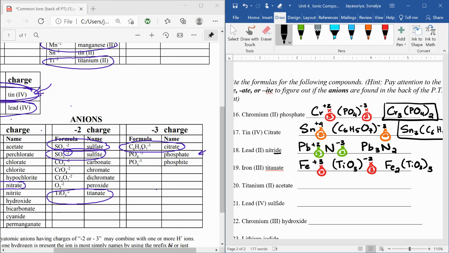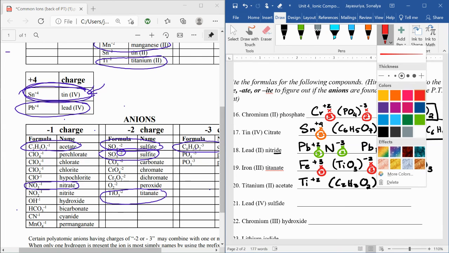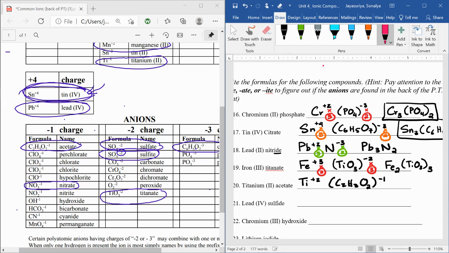Okay? The next one is titanium 2 acetate. Titanium is +2. Acetate is C2H3O2 -1. So acetate can be found right here, okay? And then titanium 2 indicates it's got a charge of +2. So you have C2H3O2. You need to bring this up to a 2 to balance out the charges.